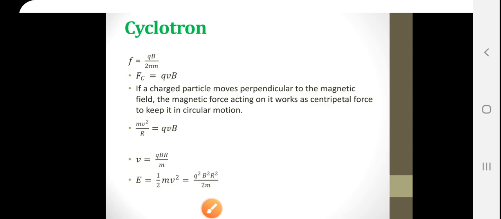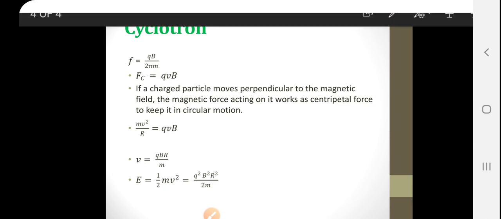Okay, and I told you this magnetic field gives enough centripetal force, right? So the centripetal force is equal to the charge of the particle, the velocity of the particle and the magnetic field, where B is the magnetic field.